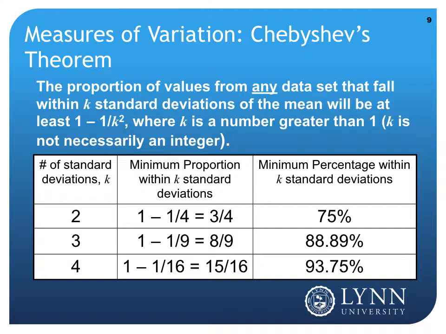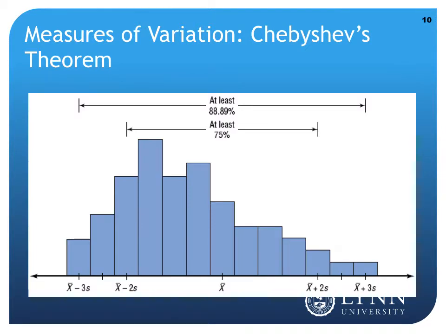You're going to be 88.89% accurate if you go 3 standard deviations, and 93.75% accurate if you go 4 standard deviations. I mentioned that's not really used very much anymore, and actually in this course, once we finish this chapter, you're done with Chebyshev.